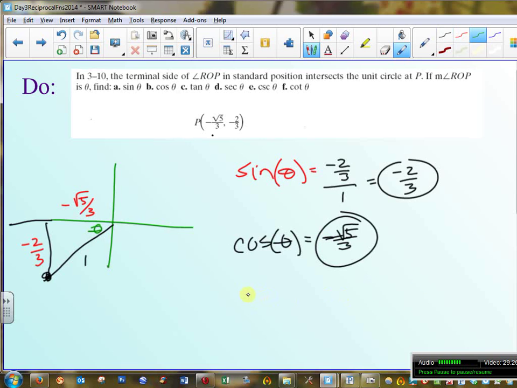And then we're going to find tangent of theta. Tangent of theta is opposite over adjacent, but also it's sine over cosine. So when I do tangent, I'm actually looking here. I have these already. I have a negative 2 over 3 and a negative square root of 5 over 3. Well, I know that when I put one fraction over the other and the denominators are the same, they cancel out.